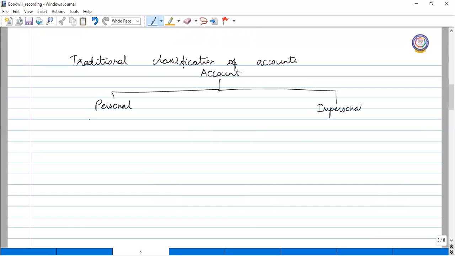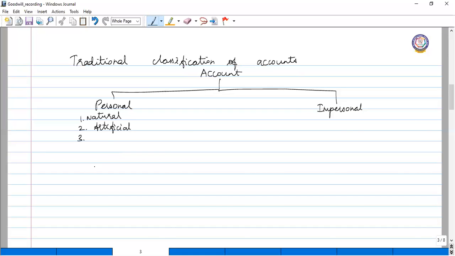Under personal we have the natural personal account, that is when we have any person's name like Ram, Shyam, Ramesh, Suresh, etc. When we get any person's name in the transaction, we classify it under personal account. When we have the name of any enterprise, company, firm or any business organization, we once again bring it under personal account.